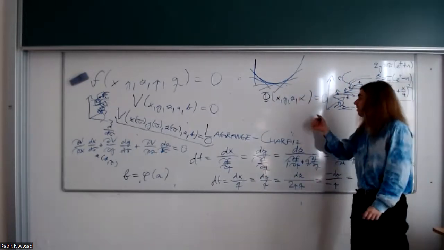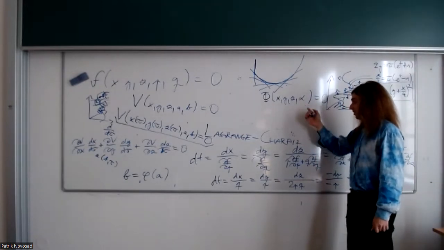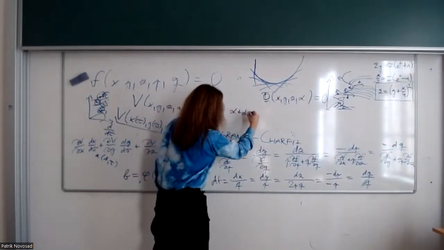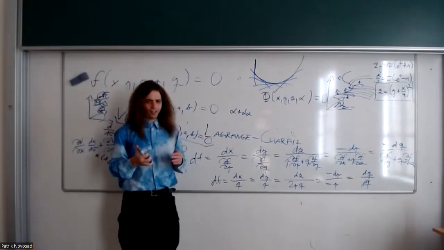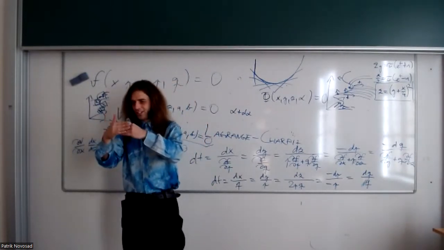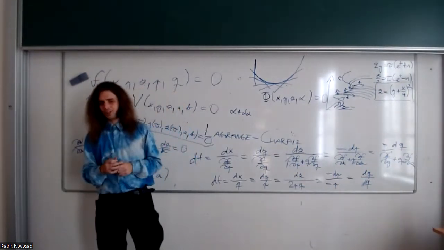And now, let's just presume that when I change the parameter by a very small bit, I just add some d alpha to it. Then let's say that I get a slightly different surface that will intersect with the previous one in some kind of a line.